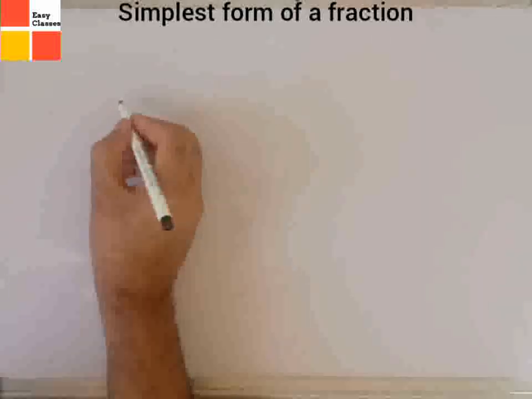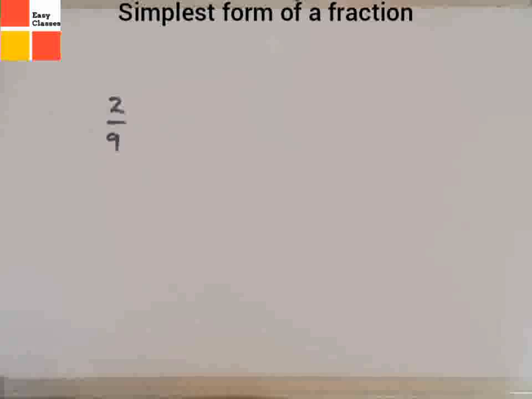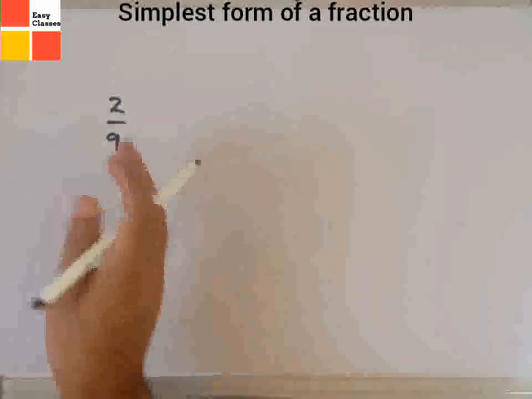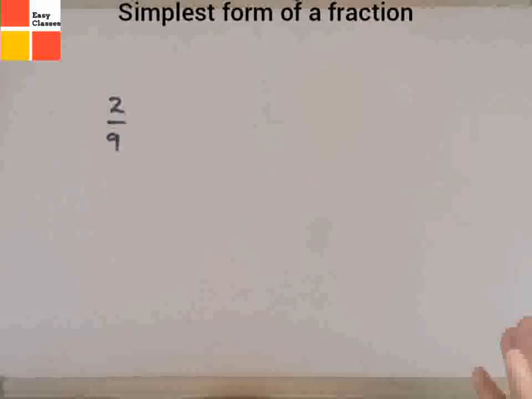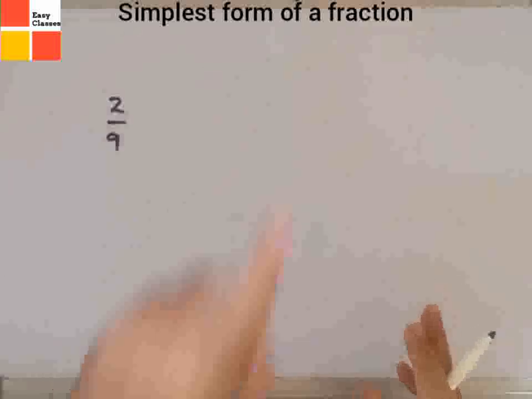Now let's take an example. Say for example 2 by 9. This is a fraction, and we know what type of fraction this is: a proper fraction, because the numerator is smaller than the denominator.